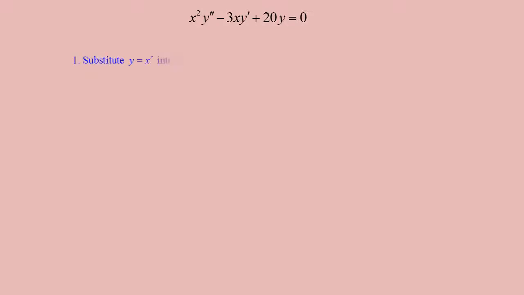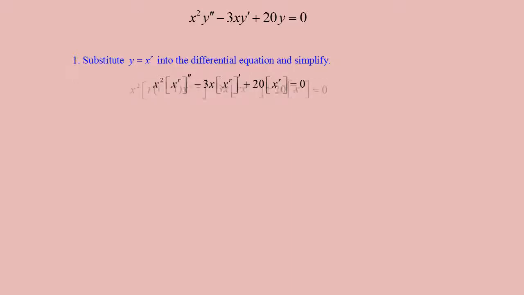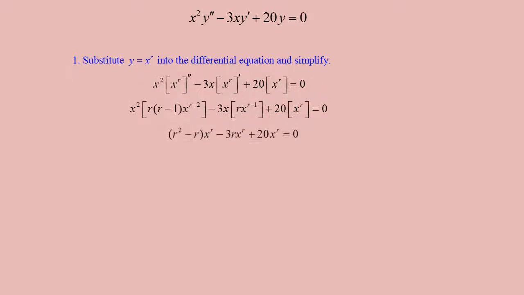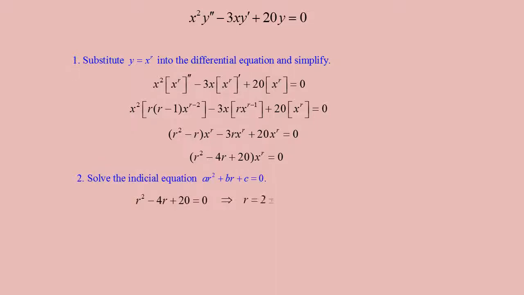Now in the third scenario, again, we make the substitution, second derivative, first derivative of x to the r, simplify, take the indicial equation, r squared minus 4r plus 20, and solve that. This time you'll notice we come out with complex roots.